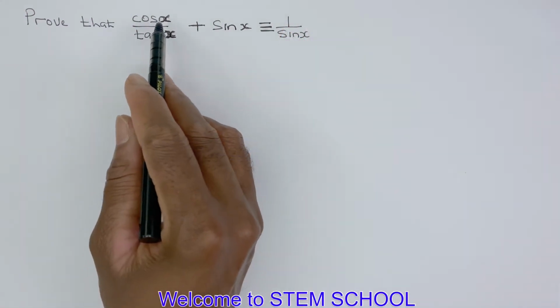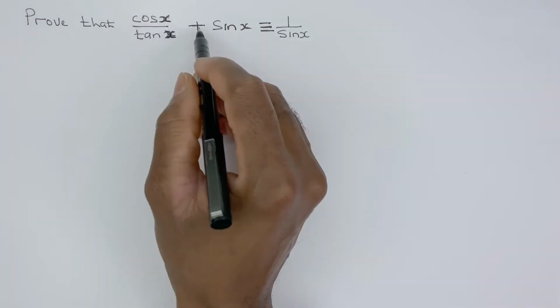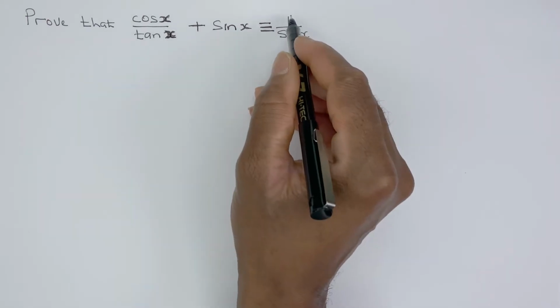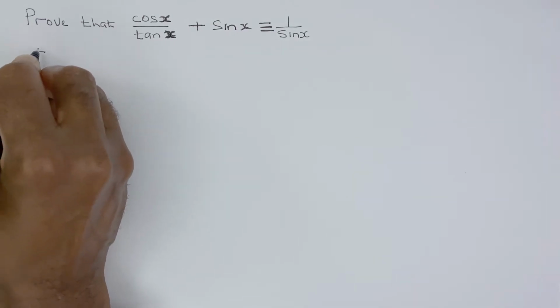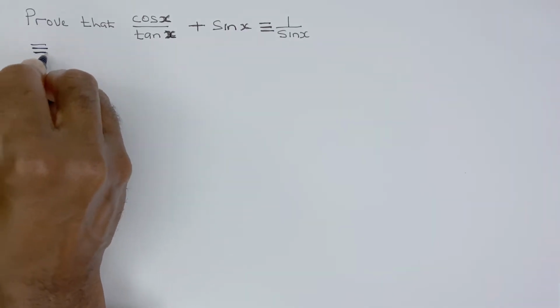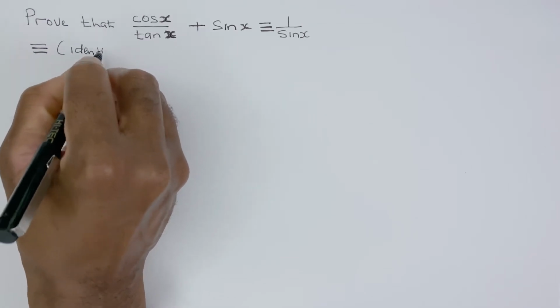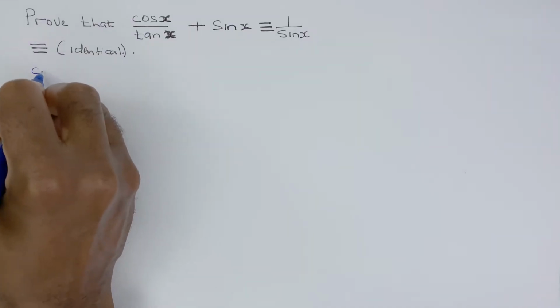Prove that cos of x divided by tan of x plus sine of x is identical to 1 over sine of x. The three lines here mean identical. That's what that meant.